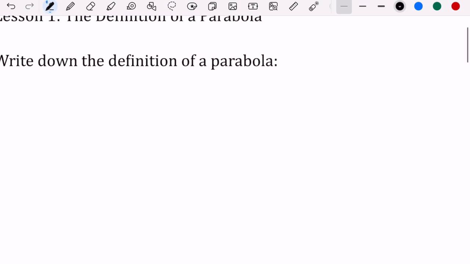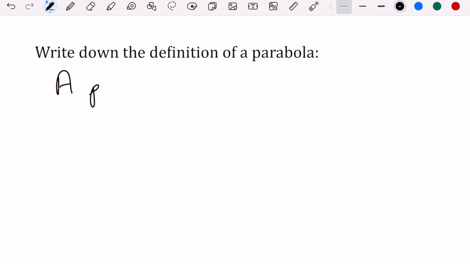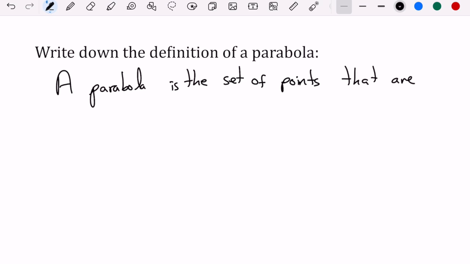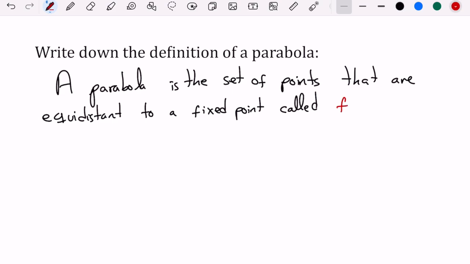A parabola is the set of points that are equidistant to a fixed point called the focus and to a line called the directrix.